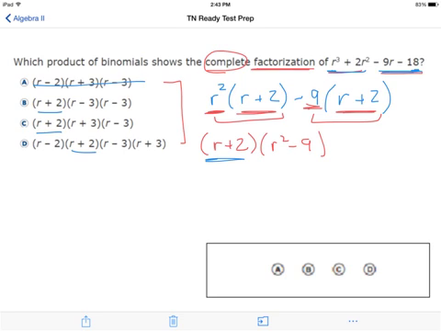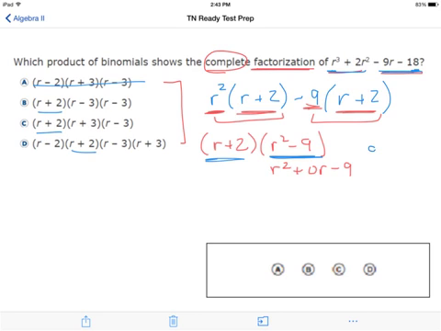Now I see this as a quadratic, and perhaps I can factor that a little bit more. Whenever I see an r squared and then no r and then a number, sometimes I just think of those as r squared plus 0 r's minus 9. So since that's a quadratic trinomial, I want to think about busting the b.